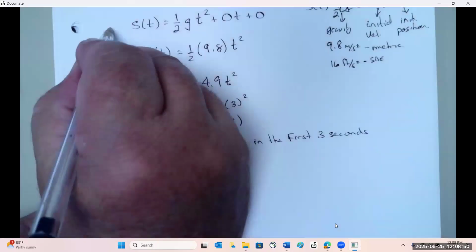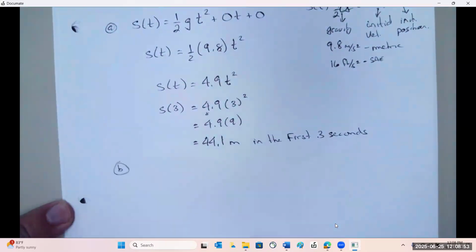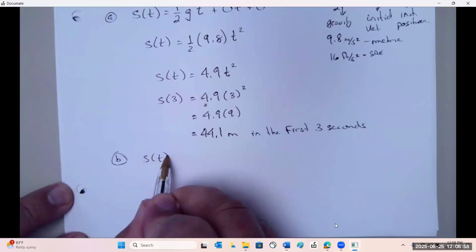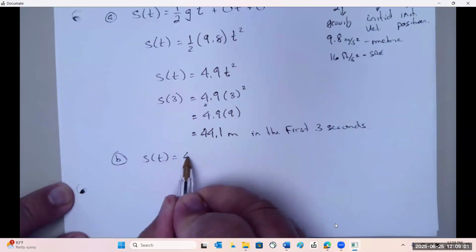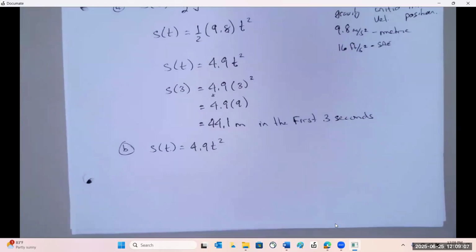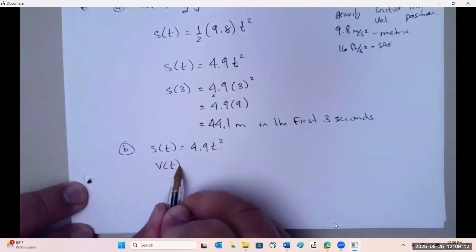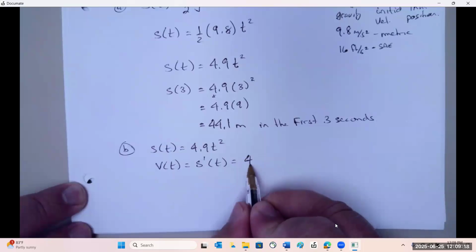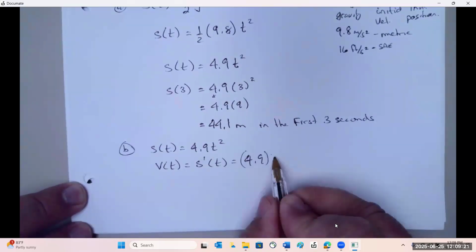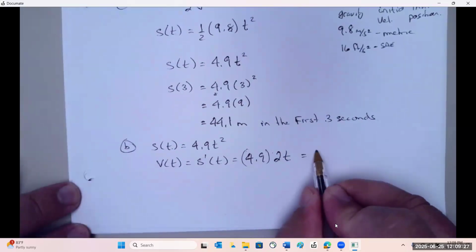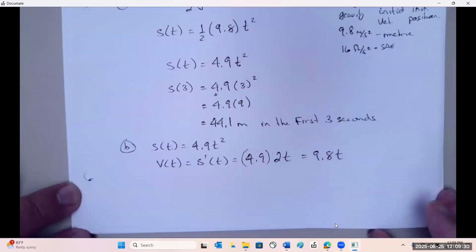Now B, this is A. B is asking what is the velocity? So we know the formula that we have to deal with, 4.9 t squared. So what's velocity? The first derivative, so velocity is the first derivative of our displacement, which would make it 4.9 times 2t, which would make it 9.8t.